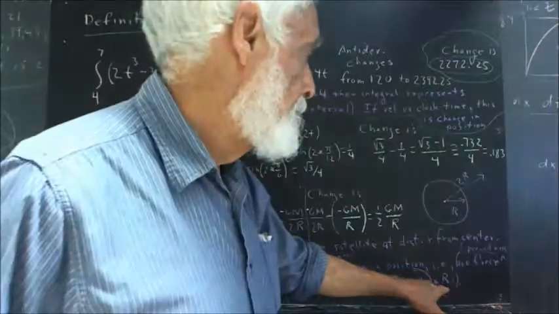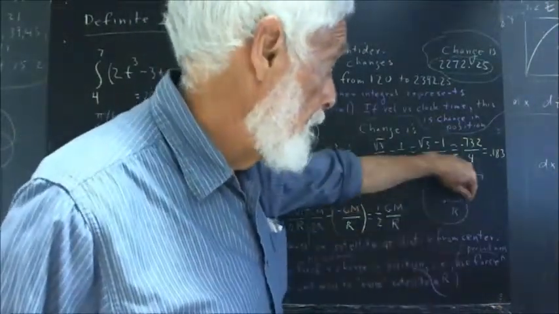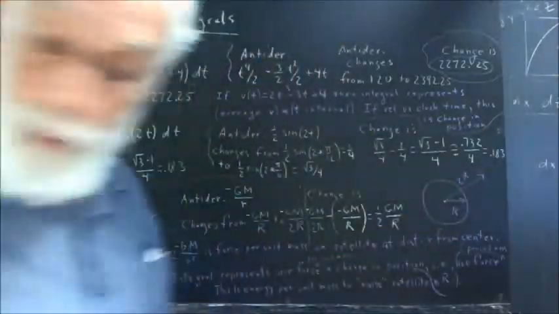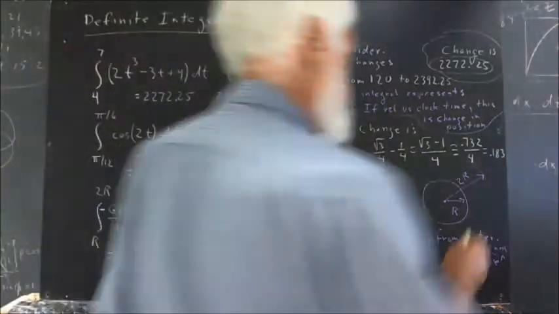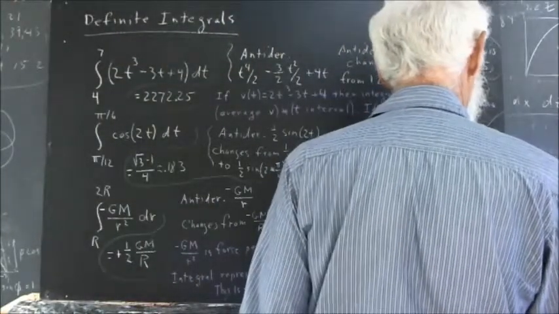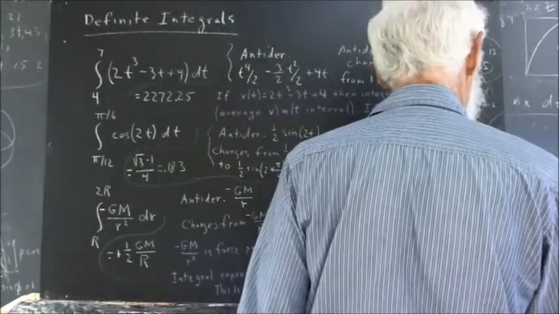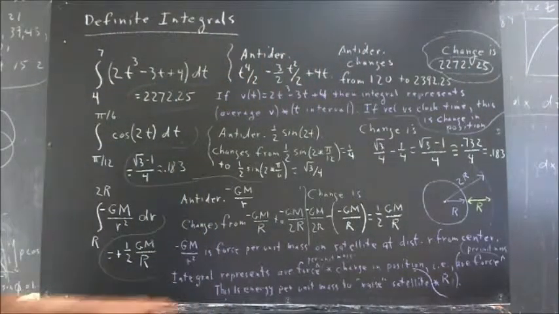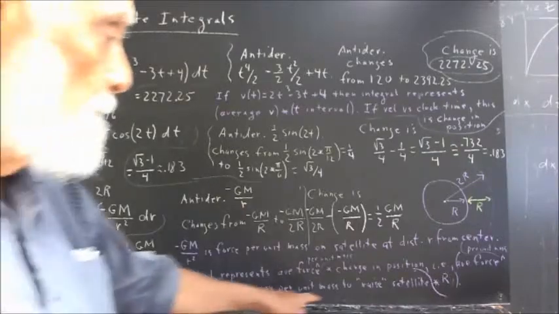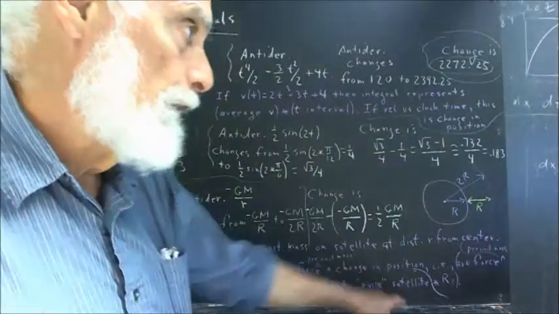multiplied by, in this case, r, because from r to 2r the distance is r. So that we would say, of course, we're moving from here to here. So this distance is r. And this is the energy per unit mass required to raise the satellite.